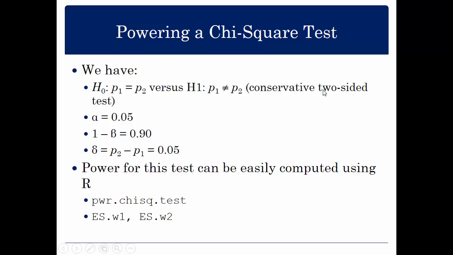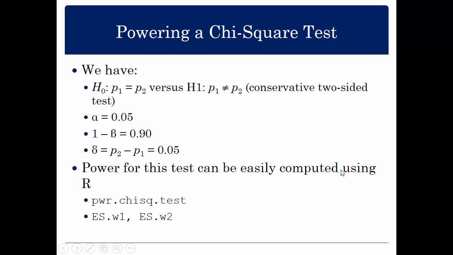And if that happens, I want to be able to detect that difference as well. My type 1 error rate I want to control at 0.05. My type 2 error rate I want to control at 0.1, which means I'm basically setting my power at 90%. And that clinically meaningful difference needs to be 0.05 because I think under the placebo I should see a 10% mortality rate. I want to have that, which would be a difference or a change of 5%.